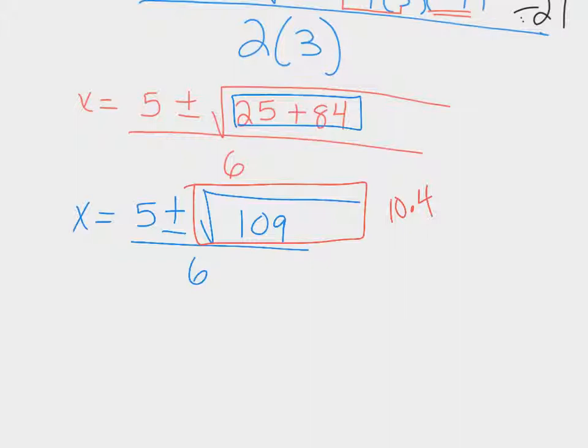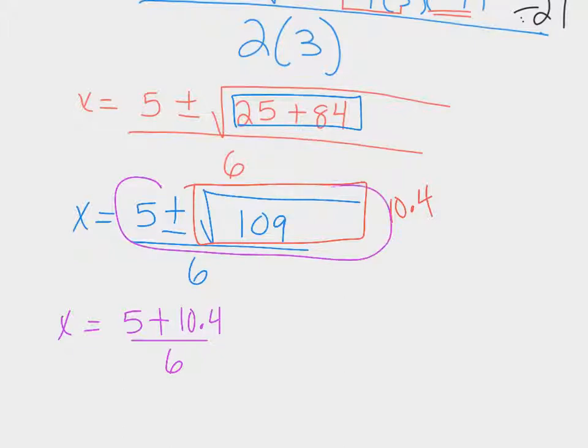So now I have to continue, and the next step is x is equal to 5 plus 10.4 divided by 6, and then 5 minus 10.4 divided by 6. And when I do 5 plus 10.4, I get 15.4, and 15.4 divided by 6.